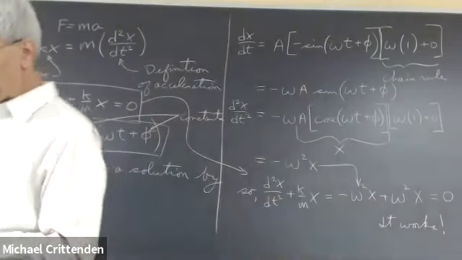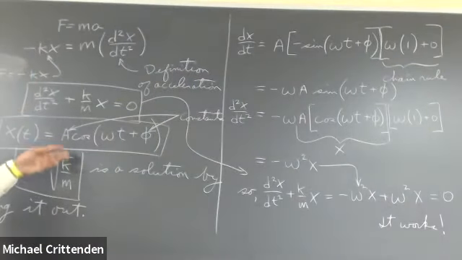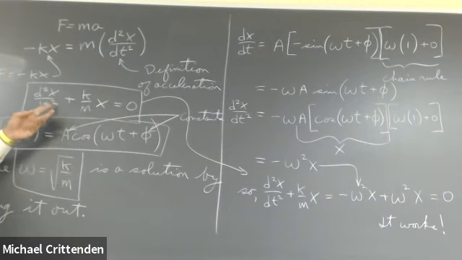So yay, it works. That shows that this is in fact the solution of this differential equation, and it correctly describes where that bouncing mass is at any time t.